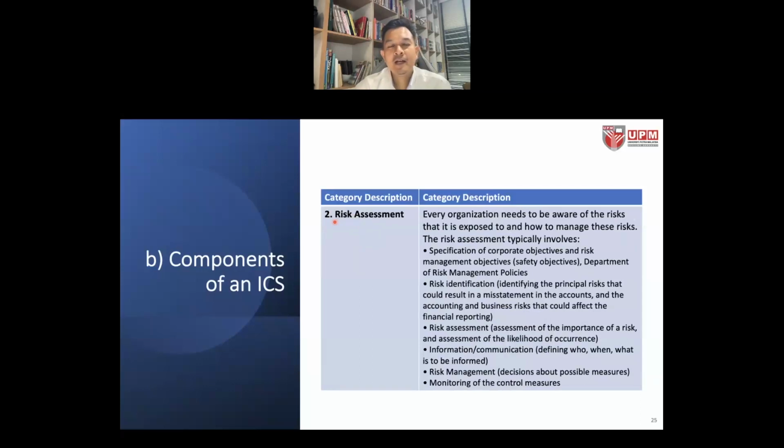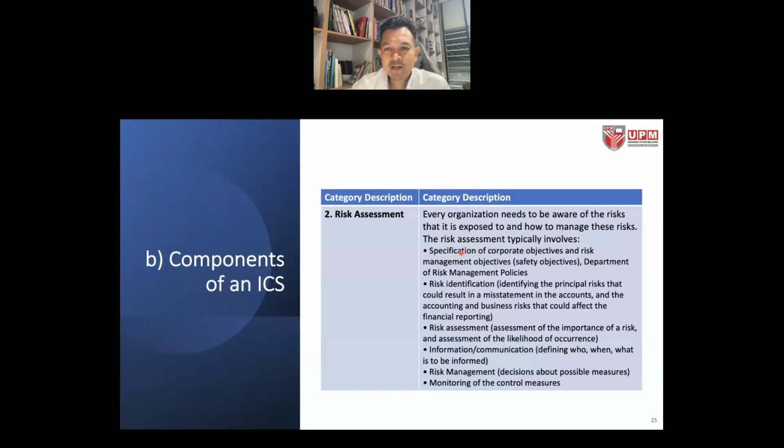And then the next one is risk assessment. Basically, every organization needs to be aware of the risk that it is exposed to and how to manage this risk.